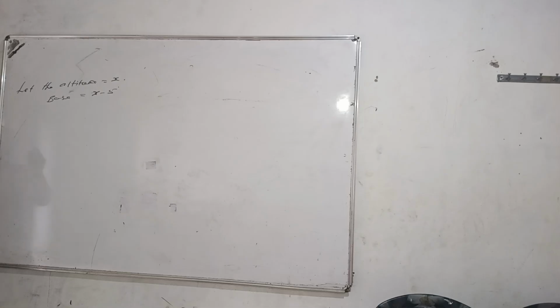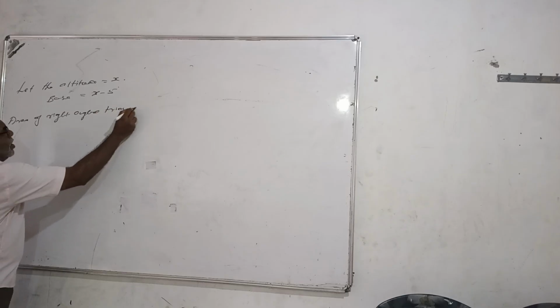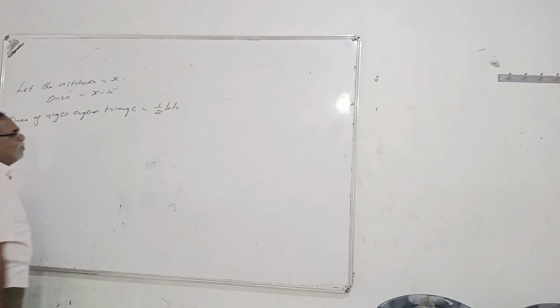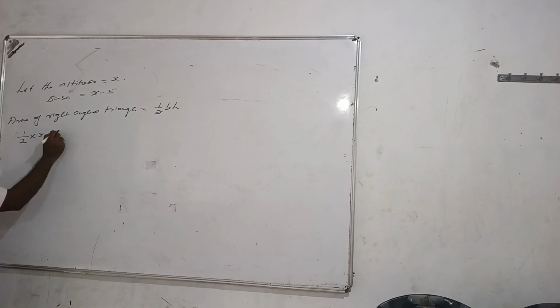So in a right angle triangle, the area of a right angle triangle equal to half base into height. So we can write here half into base into height, that is x minus 5, equal to 150.